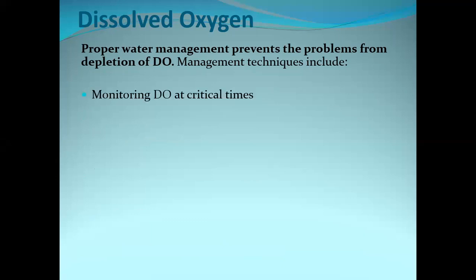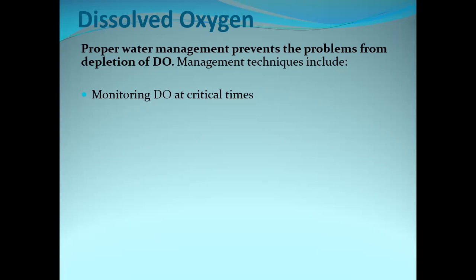Management techniques include monitoring DO at critical times, right? So when is the best time to check the dissolved oxygen? Morning time. You can check it morning, noon, and evening, but morning and evening are most critical, right? Because if you have a green water system, in the morning, before the sun rises, you will have the lowest concentration of dissolved oxygen, because at nighttime all the organisms will be using oxygen.